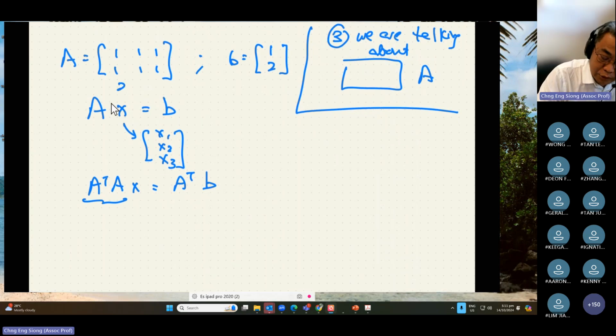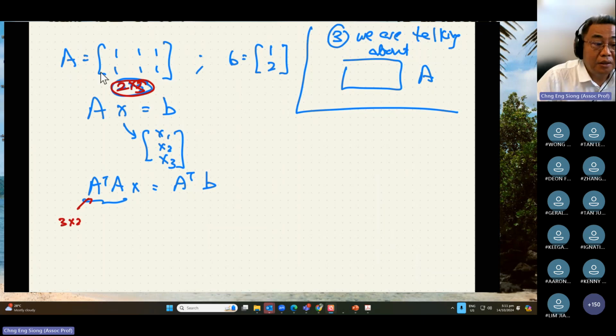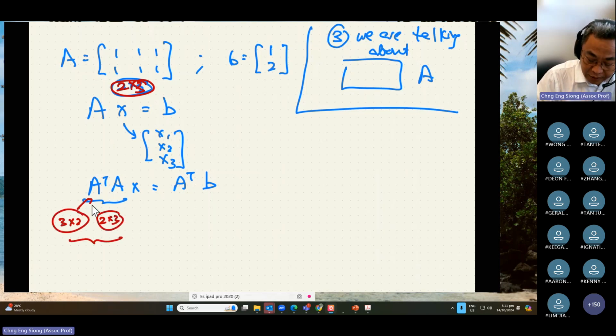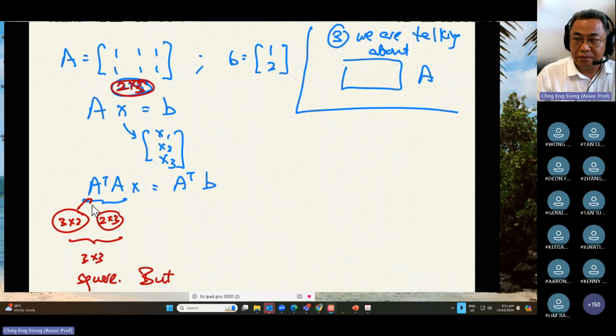A is a 2 by 3 matrix, and A transpose is 3 by 2, so A transpose becomes tall. So A transpose A is 3 by 3, also a square matrix, right, guys? Yes, but something. But always what?